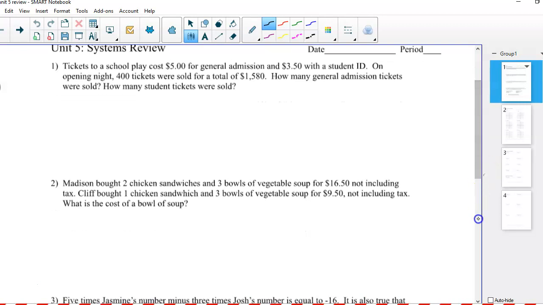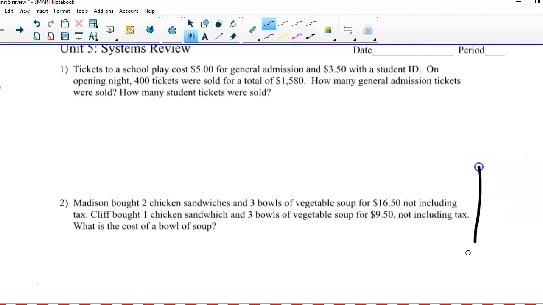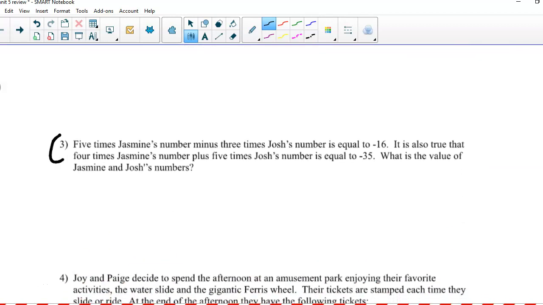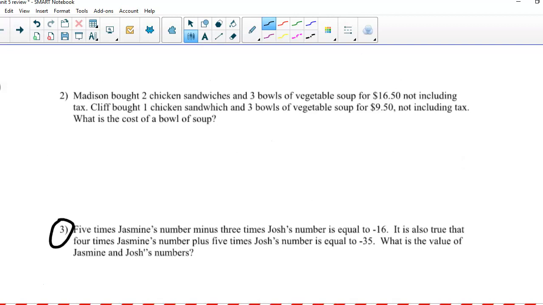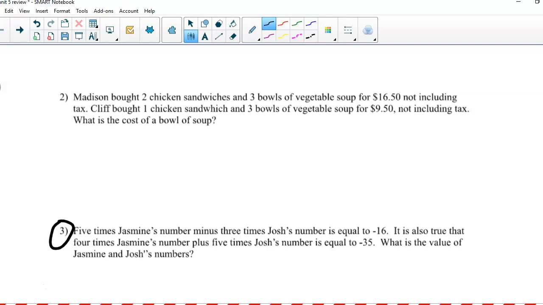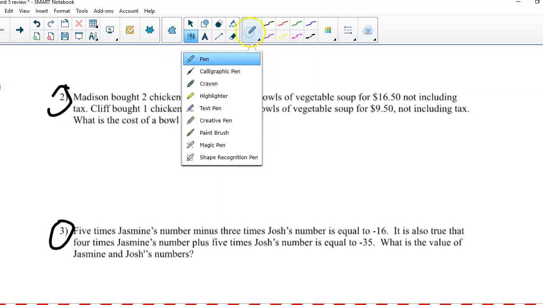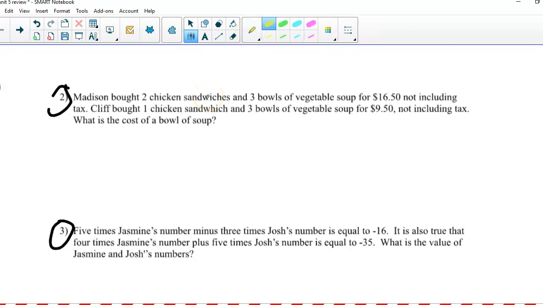We can do 2 and 3. All right, and number 2.